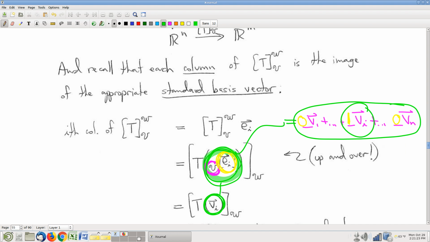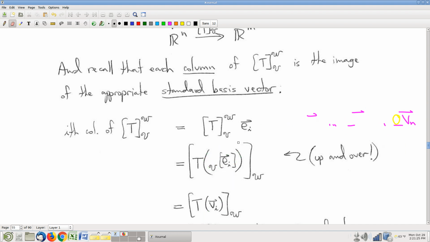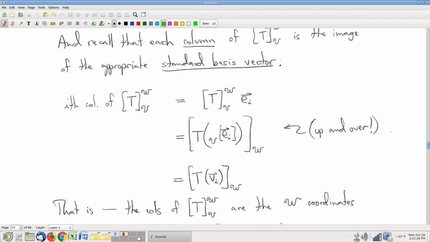Okay. So let me tell you how I remember this formula. This is just for my own personal memory purposes. So if you want to find this matrix, recognize you're going to get it one column at a time. And here's the idea. You're going to take these vectors, you're going to put them into the linear transformation, right?